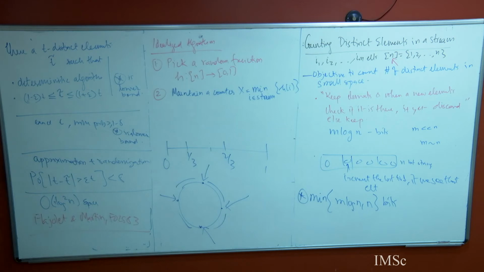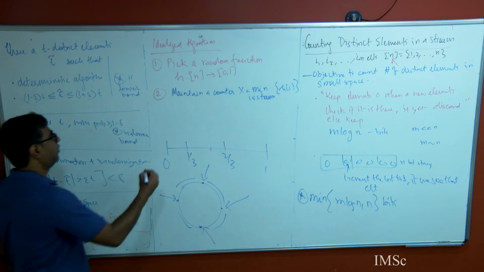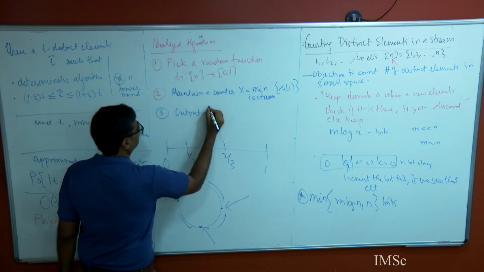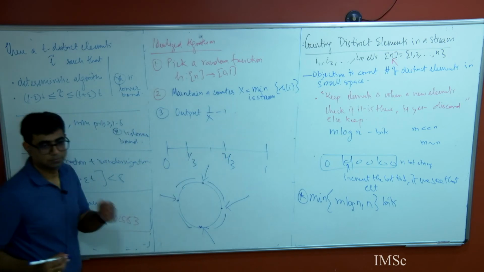That's it. This is what I'm going to store. Then what am I going to output? 1 over x, minus 1.